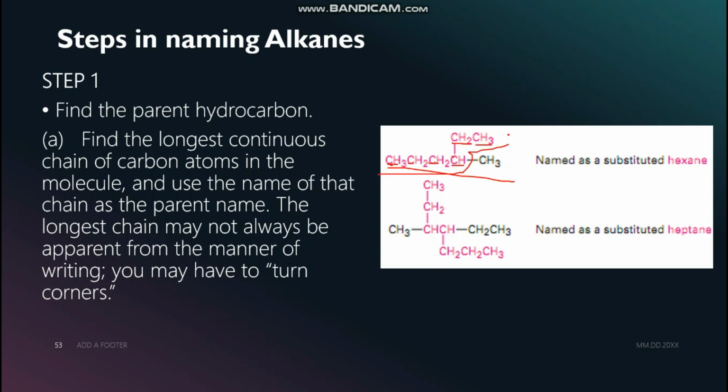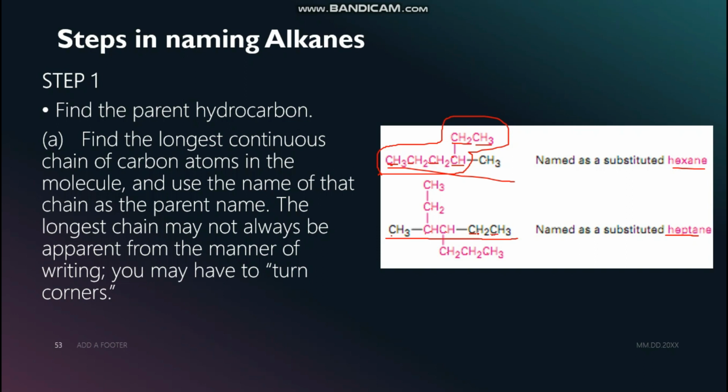So this is the parent chain of this compound, a hexane. On this one, if we count straight, 1, 2, 3, 4, 5, that's pentane. But when we turn corners, 1, 2, 3, 4, 5, 6, 7, it becomes heptane. We can also try counting like this.